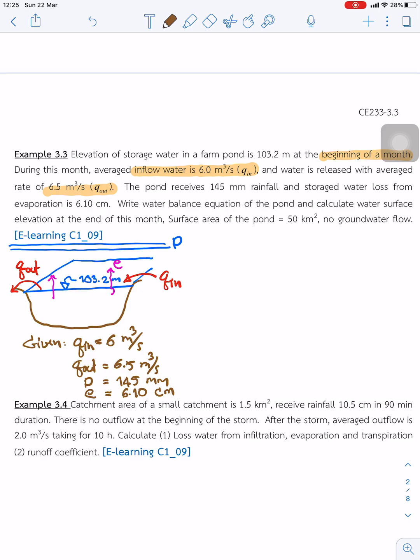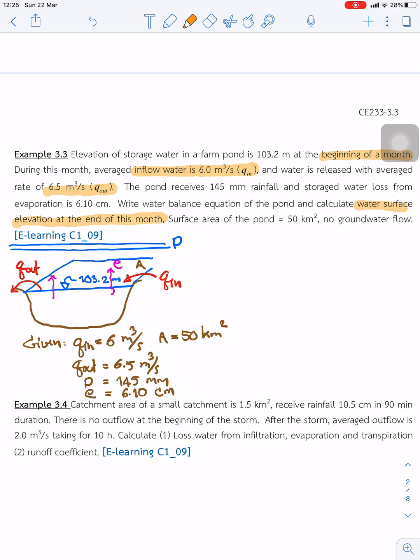So in this case, what is the surface area of the pond? The area of the pond is 50 square kilometers. They want to know the calculated water surface elevation at the end of this month.